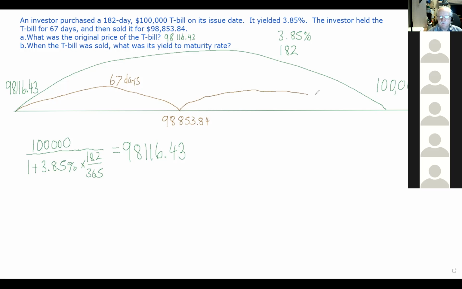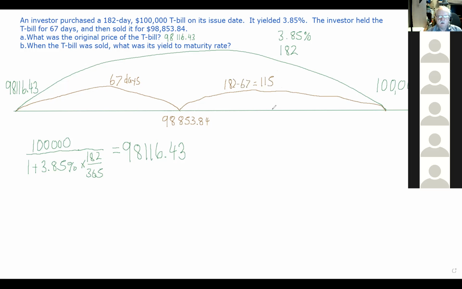They're going to hold it for this many days. And it's going to mature to be 100,000. And so we need to first figure out how many days are left, which is fairly easy. 182 minus 67 is 115 days.